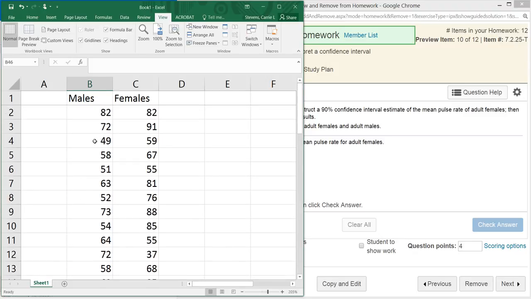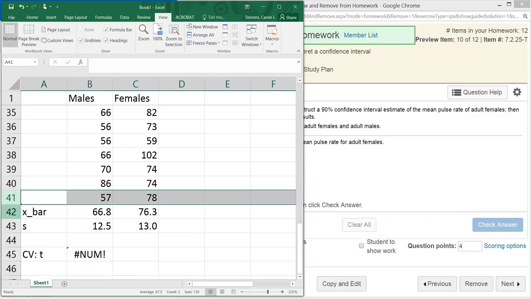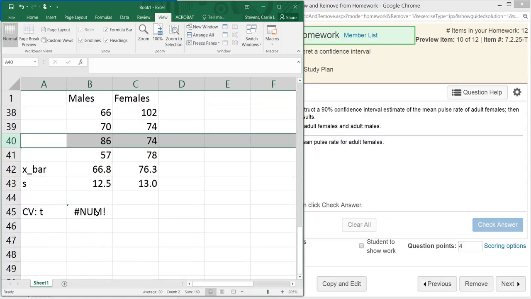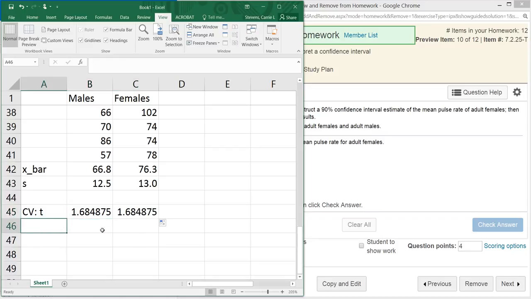And you can see how my labels start in row 1, and my last data value is in row 41, which means I have 40 values. Yeah, exactly, 40 values. So I now can put after that comma, 40 minus 1 is 39 degrees of freedom. And I can actually copy that over too for the females.